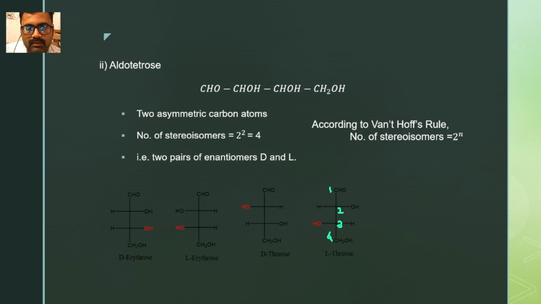Okay, so this is the other structure, and again we observe that the second carbon atom from the bottom has the OH group on the left hand side, and therefore this is the L isomer known as L-threose.